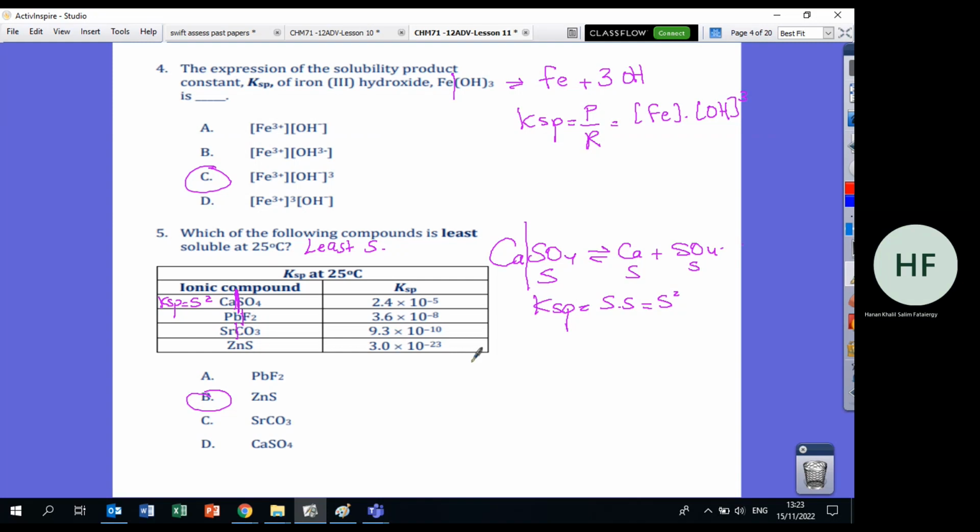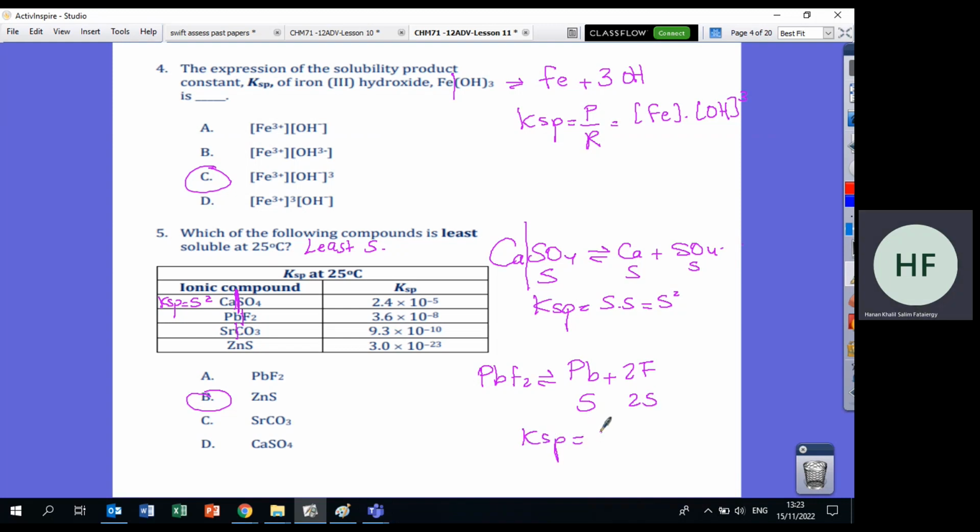Here, you have the PbF2. This one dissociates into Pb plus 2F. So this is S, this is 2S, and the Ksp is S times 2S squared. So this one will be 4S cubed. Also here you can say Ksp is equal to 4S cubed.